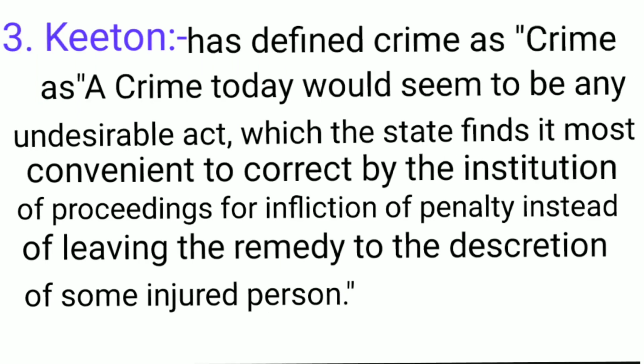Keeton has defined crime as: a crime today would seem to be any undesirable act which the state finds it most convenient to correct by the institution of proceedings for infliction of penalty instead of leaving the remedy to the discretion of some injured person.